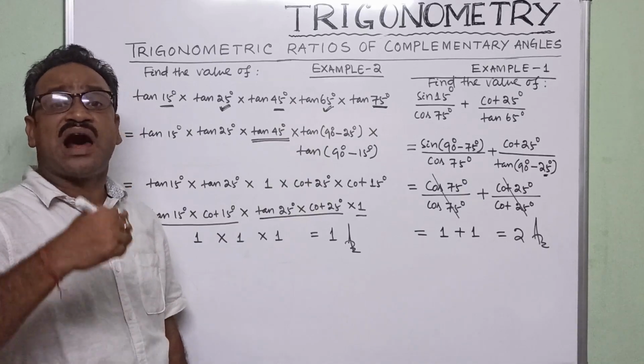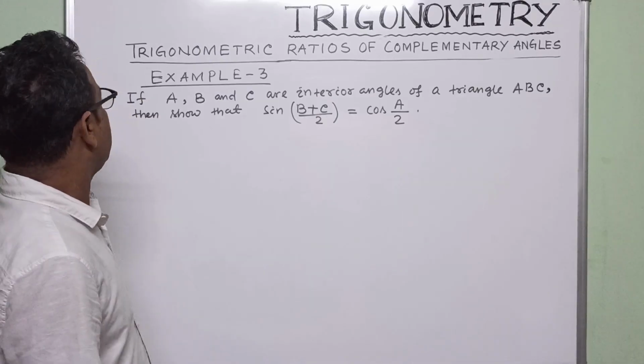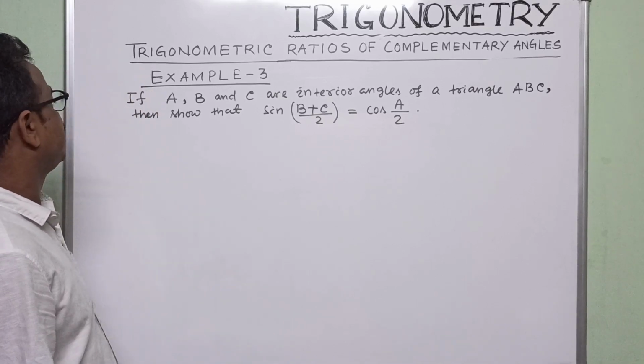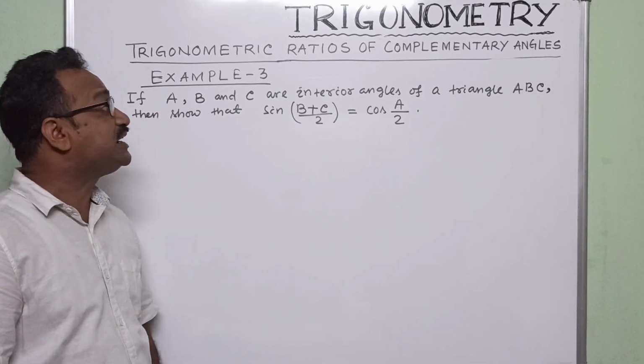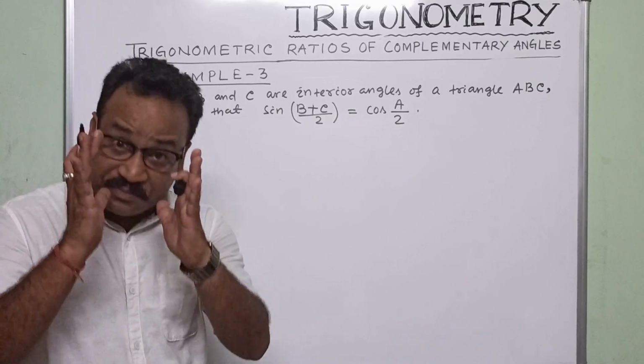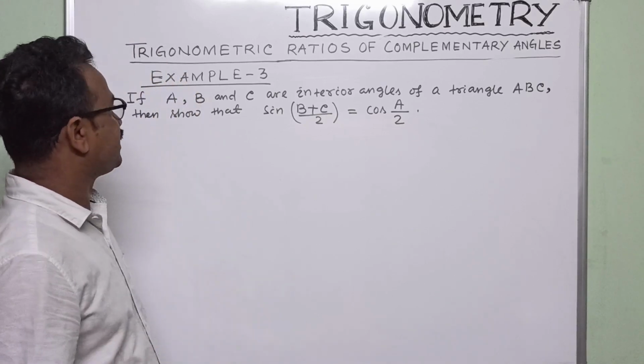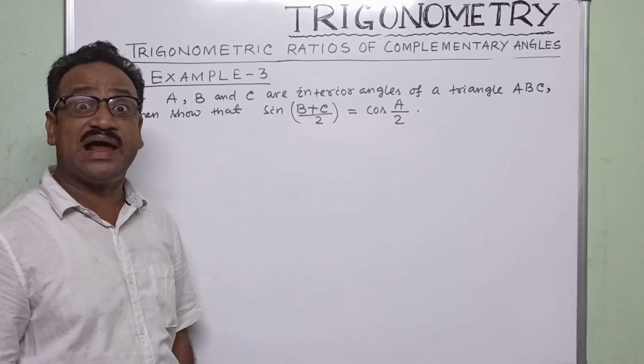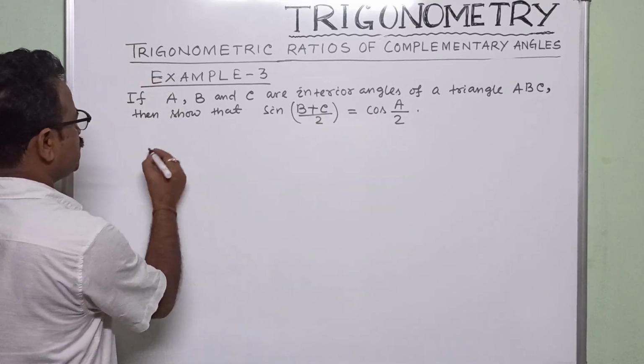Now we will see the next example. Move on to example number 3. What is given? If A, B and C are interior angles of triangle ABC, then prove that sine of B plus C by 2 is equal to cos A by 2. Okay, we know. So solution, let's see.